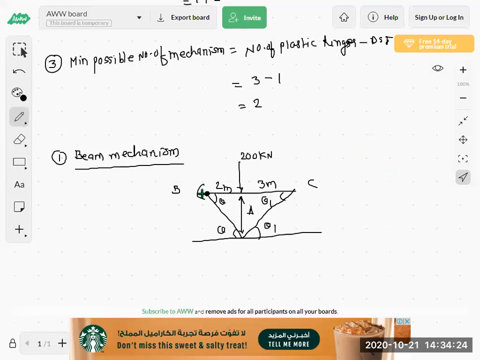So here moment will be generated. Again at C, hinge will be formed. Here moment will be generated. So here MP will be there. Again here MP will be there. Again here MP is there because point load is there. Again MP is there here. Okay. So this is the beam mechanism.